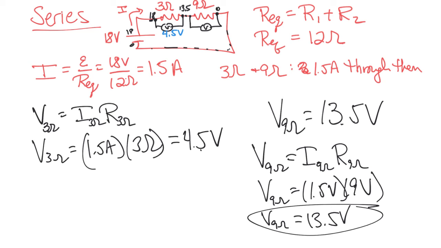There were 2 ways for me to figure out that 13.5 volts, and that's going to happen a lot. If you make a mistake, then all of a sudden things won't be consistent. I figured out 13.5 volts one way, and if I tried the other way, maybe it doesn't work out, and so you've made a mistake somewhere. It can get super frustrating when that happens. If you are doing a super complicated circuit and that happens, my best advice is to throw away your piece of paper and start from scratch, because trust me from experience.